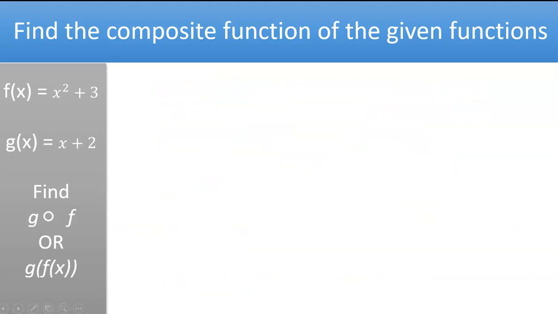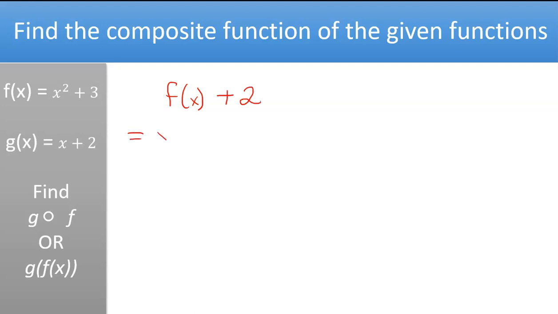Okay, next we will be using the exact same functions. This time we'll be finding g of f. If we start with the g function, we want to plug in the f function into the g function. What is the f function?